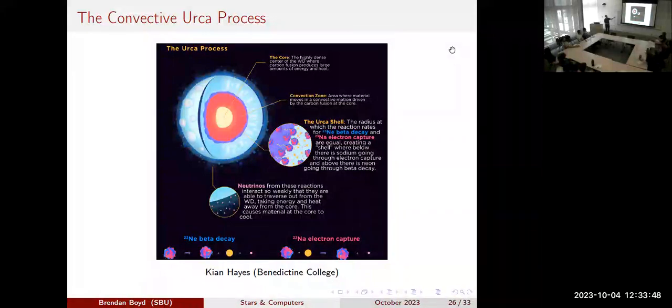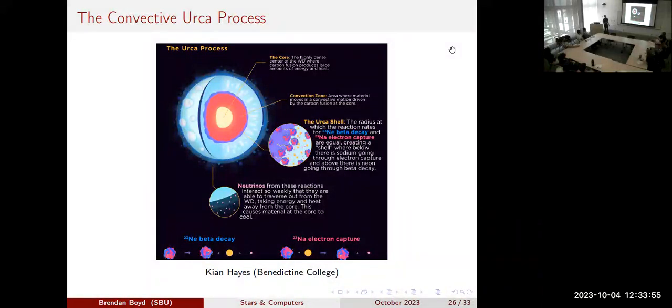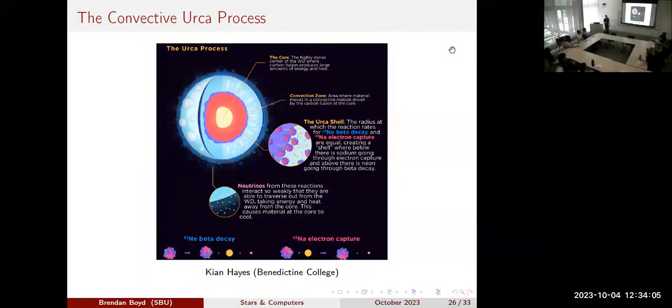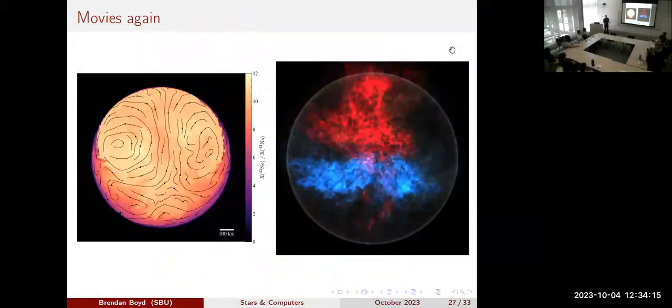It's able to transfer material in and out past this Urca shell and back and forth. This process can go on forever. These reactions are equal and opposite. Once you get into one, you get out of the other, right? So this is never going to stop until the white dwarf explodes, but we don't worry about that. We can only simulate for about an hour.